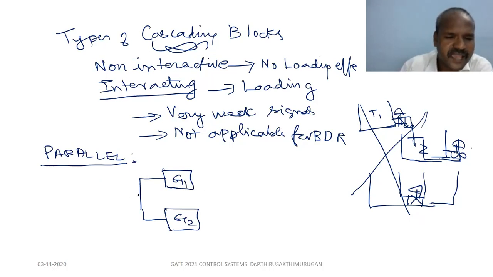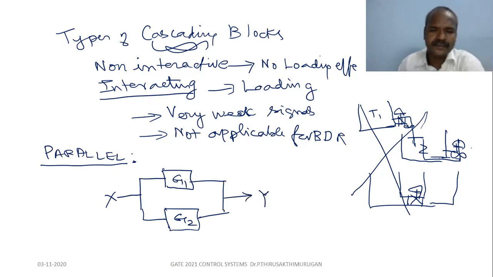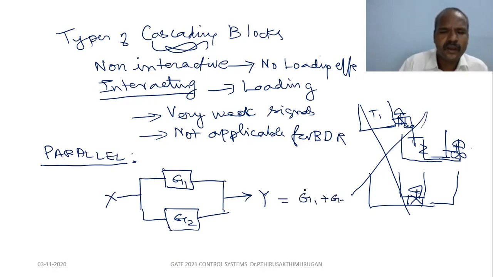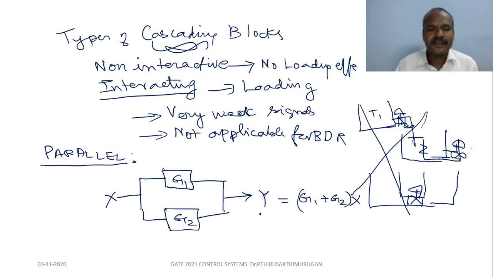With the same input X, the output is Y. So Y equals G1 plus G2 of X. Similarly, any number of systems can be represented like this. So this is about parallel or feed forward.